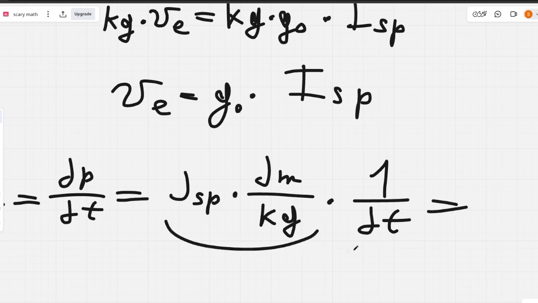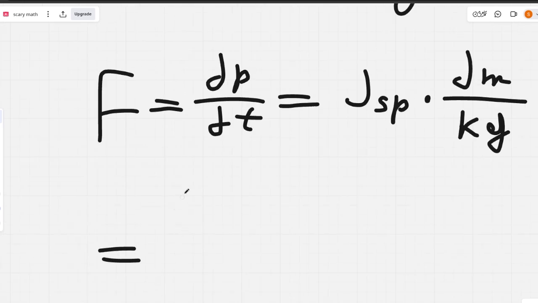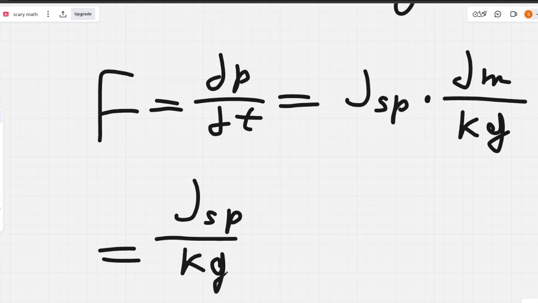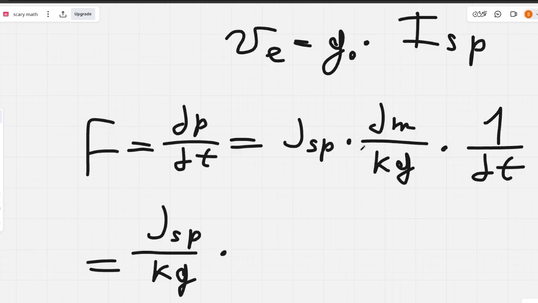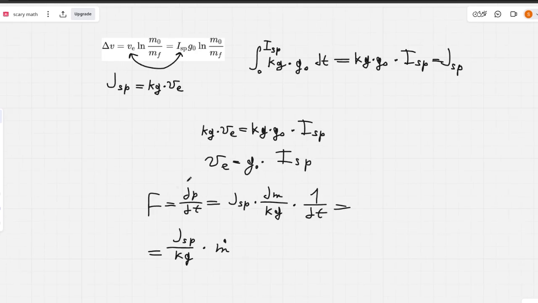So this thing is dp, and we still have dt here. So what we get is JSP over kilogram times dm over dt. That's just the derivative of mass, so let's write it down this way for now, the Newtonian notation.